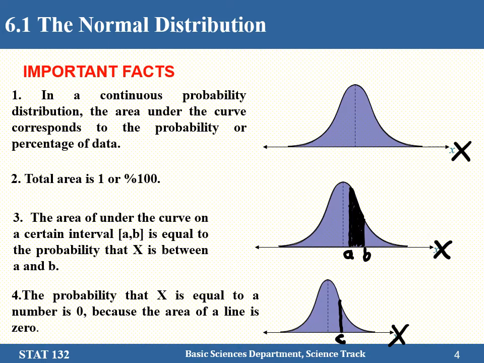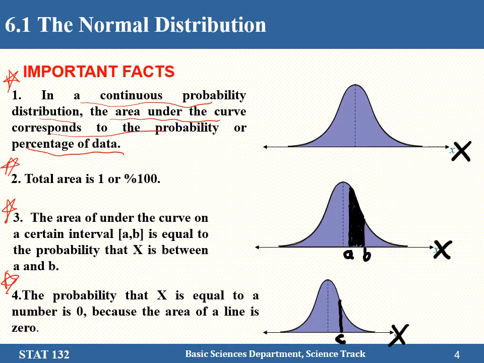Now I will show you the very important facts about the normal distribution and continuous probability distributions in general. These are very, very important things, so you have to keep them always in your mind. The first thing is, in a continuous probability distribution, the area under the curve corresponds to the probability or the percentage of data.